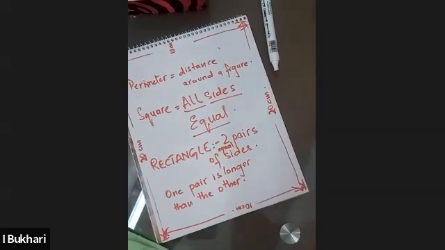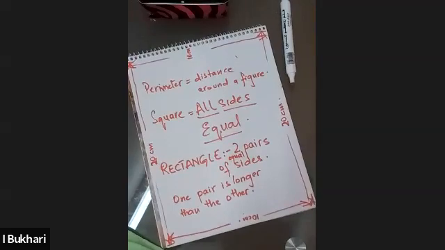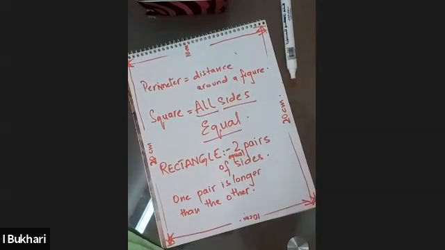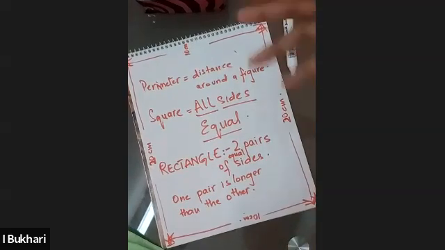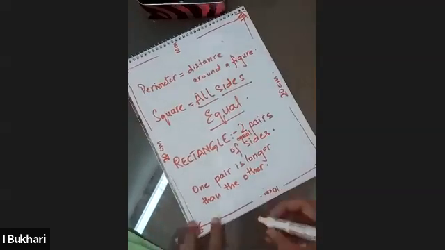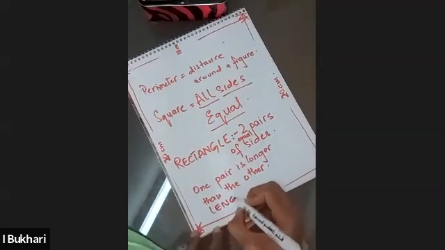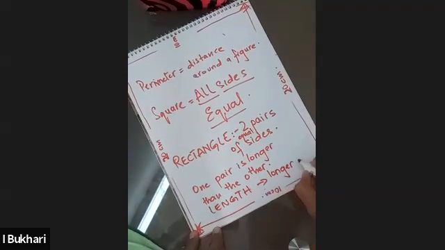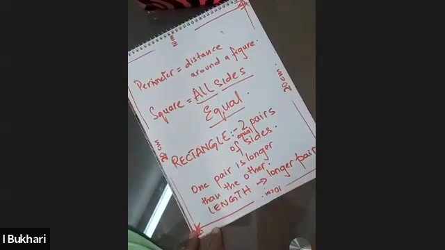No matter what you take as length or width, your answer will stay the same. But it is always helpful to know exactly which one is length and which one is breadth, okay? Longer pair is the length.